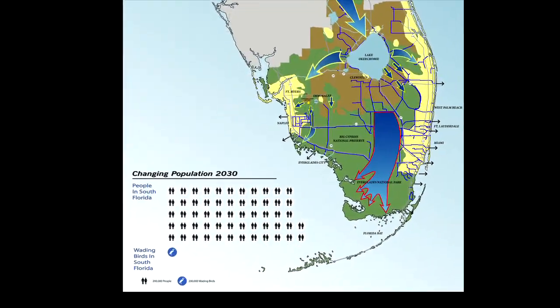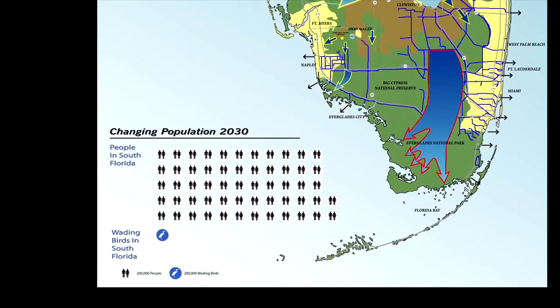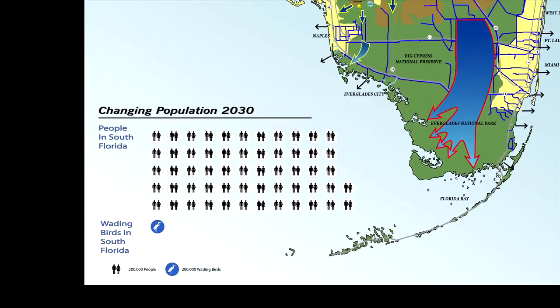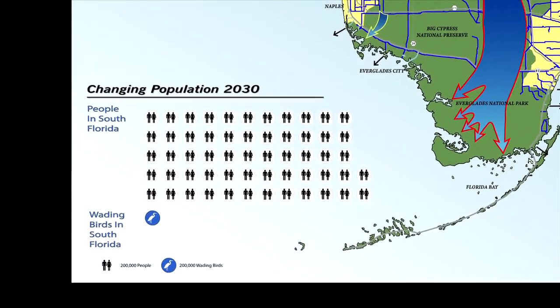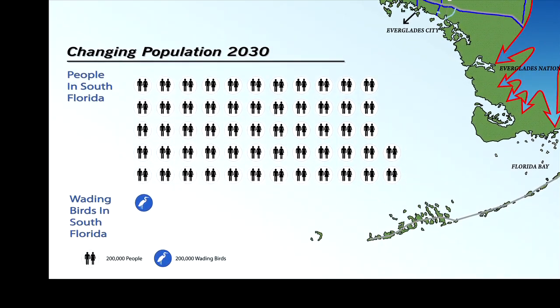The Comprehensive Everglades Restoration Plan, known by the acronym CERP, hopes to spend an estimated $19 billion on conservation projects here in South Florida in an effort to recover the waning health of the ecosystem. The South Florida Water Management District anticipates this effort will double the population of wading birds from 100 to 200,000.